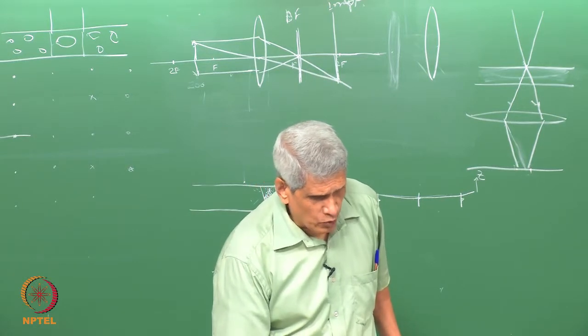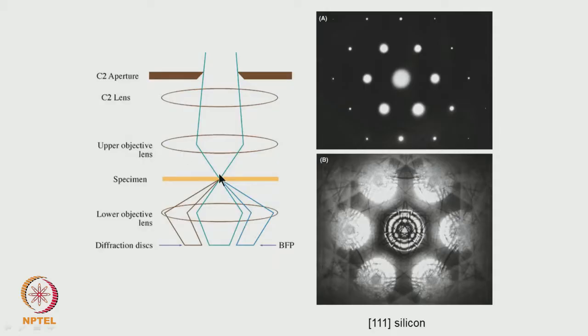So this is what essentially is being shown. The beam is convergent. Now you can see that this forms a spot, and if something gets diffracted, first order diffraction, this will also form a spot like this. So now you see that instead of getting sharp points we are getting a disk, and the disk has got some intensity distributions.